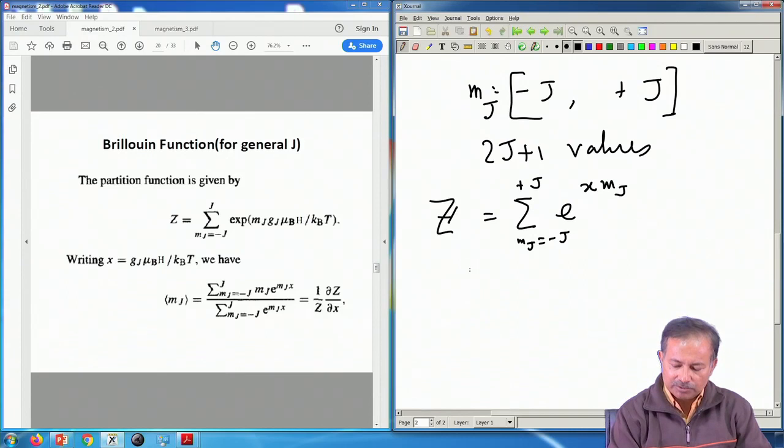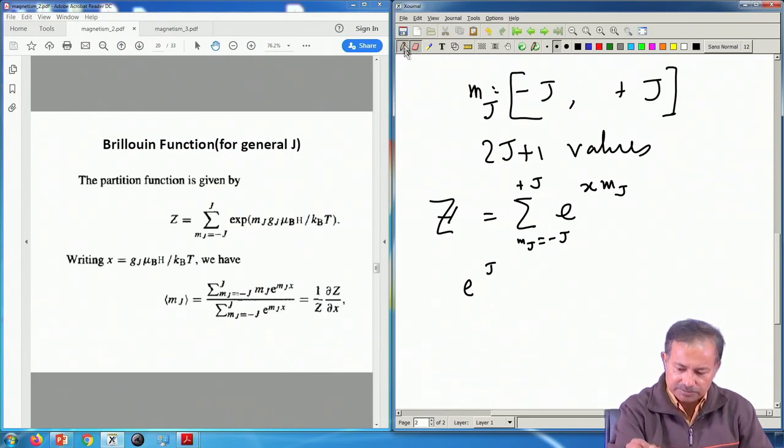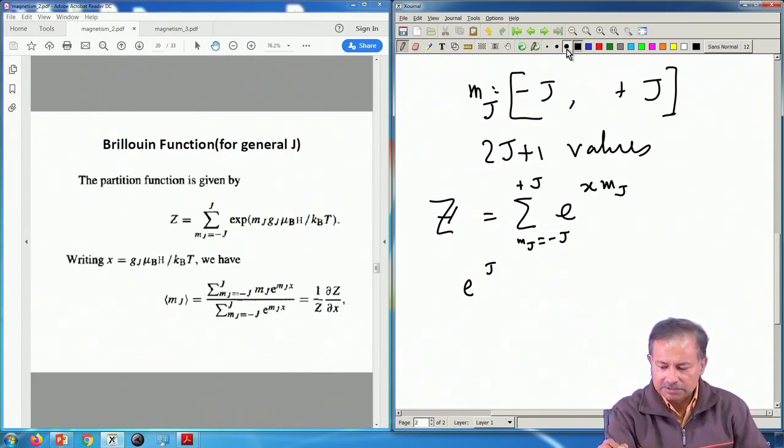The common ratio is e to the power x, because mj changes by 1 at each stage.